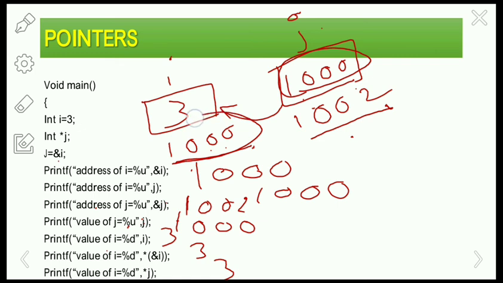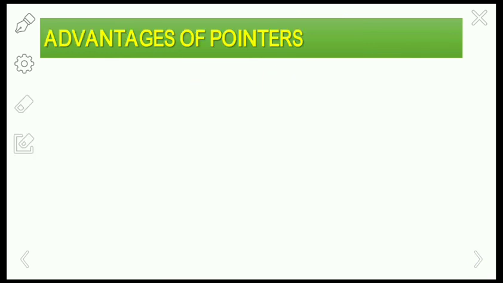So 1000 is the pointer constant here. Constant means this won't change, so that's why it is called a pointer constant.